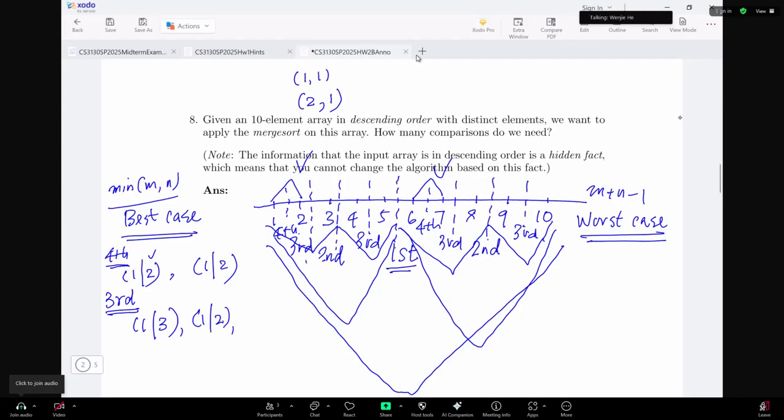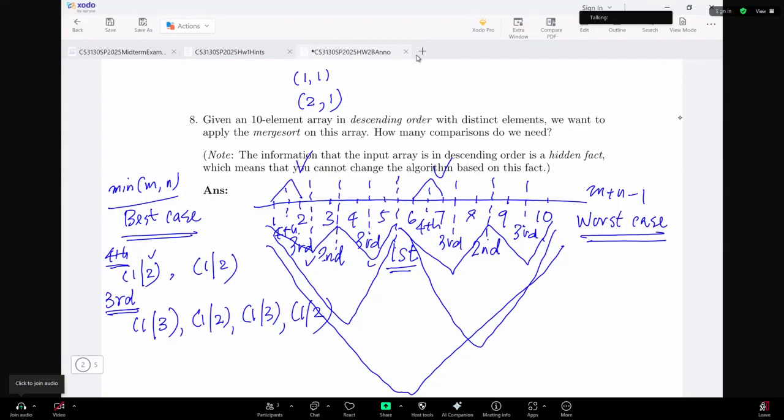Then this one, 2 and 1, so that's 1, 3, another 1, 3. Then 1 and 2, 1 and 2. So that corresponds to the third round.